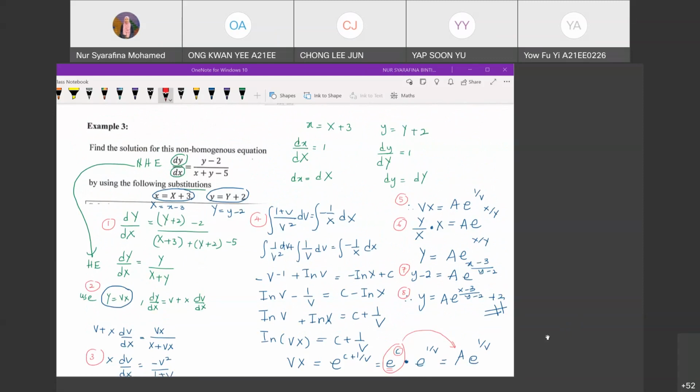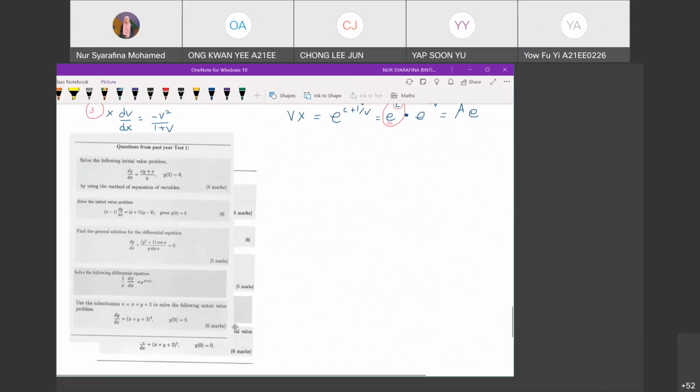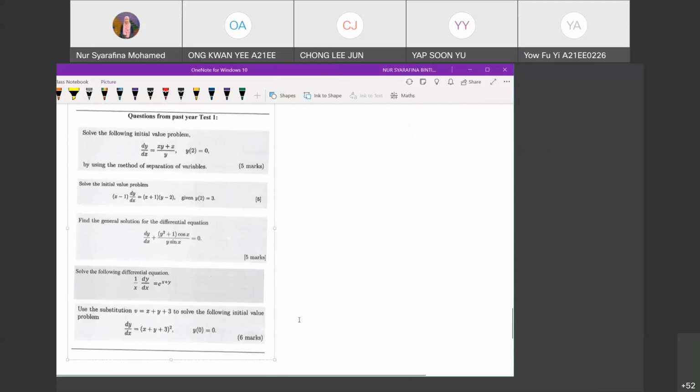Where is the question? Okay, you can try the separable equation. This is for separable equation. Okay, let me write down the answer for you to refer after this.